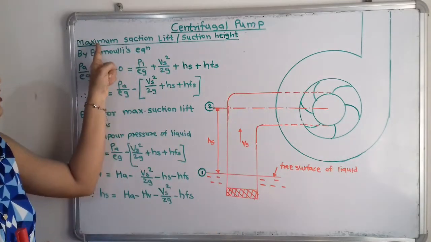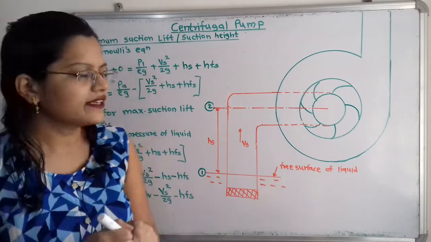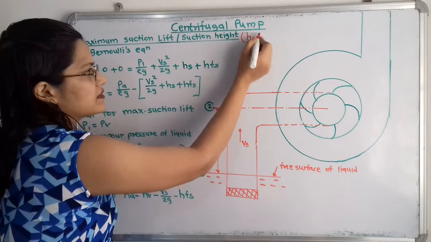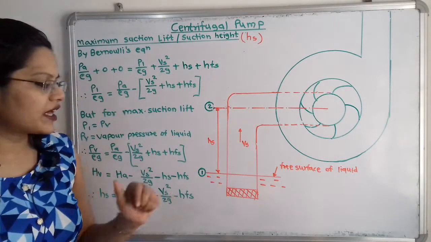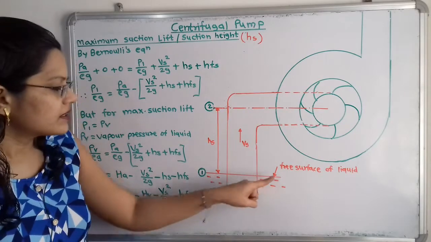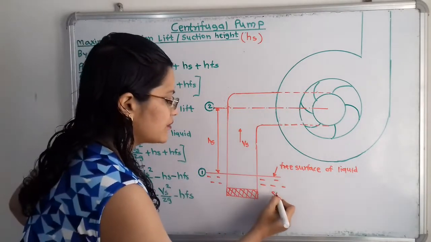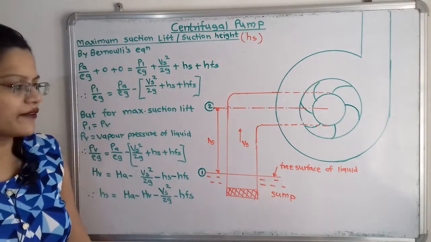So here the first point is maximum suction lift or suction height, and its notation is suction height, that is Hs. Now if we observe the diagram, here the water is getting lifted from the sump. So this is the sump and here is the free surface of the liquid.